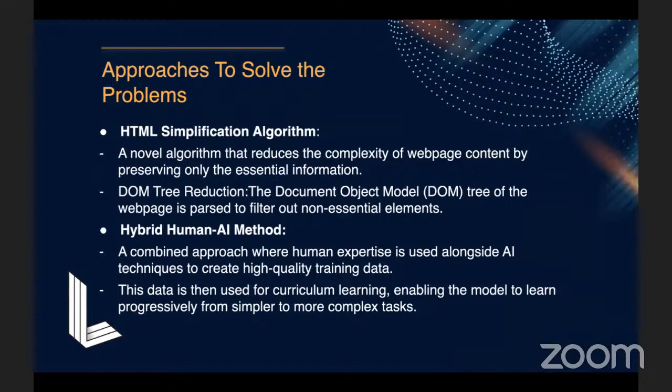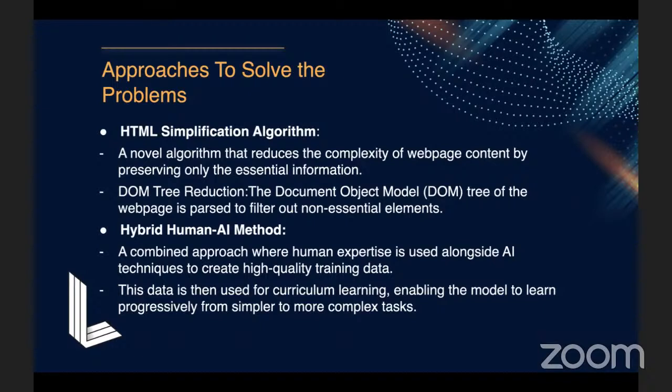So basically, this AutoWebGLM model is using an HTML simplification algorithm, which is basically a newer algorithm that reduces some of the complexity of web page content by filtering out the essential information, so that this will help the model to process and understand the web pages more efficiently.